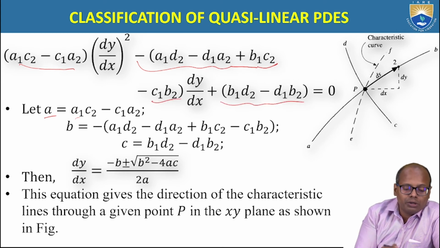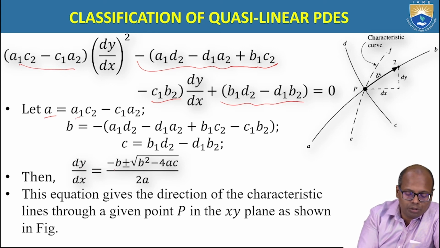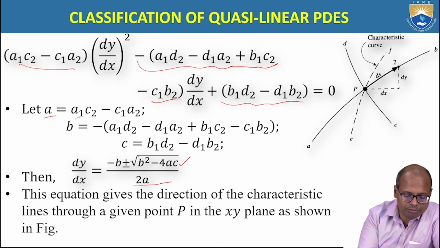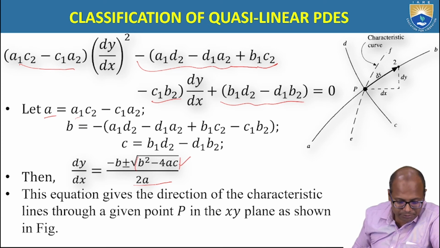So then what is dy/dx? dy/dx is equal to (-b ± √(b² - 4ac)) / 2a. This is the solution for the quadratic equation, which is well known to everyone. Now in this equation, this determines the mathematical behavior of the equation. So we will take the determinant, this √(b² - 4ac), that we will take.